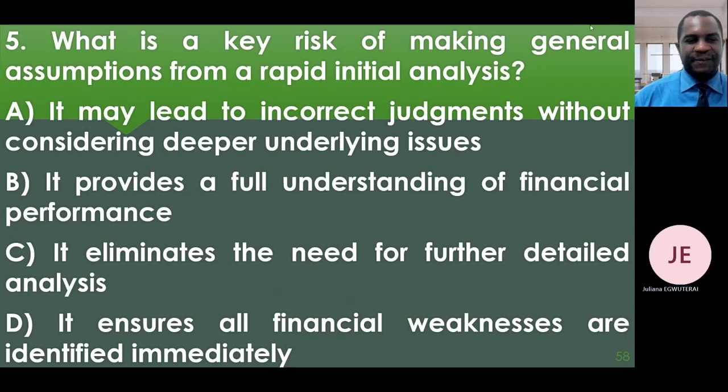C. I've been saying A itself. I don't know. Final answer, C or A? C, it eliminates the need for further detailed analysis. A, it may lead to incorrect judgment without considering deeper underlying issues. I like these questions, they are tricky. You will not score 100 over 100.